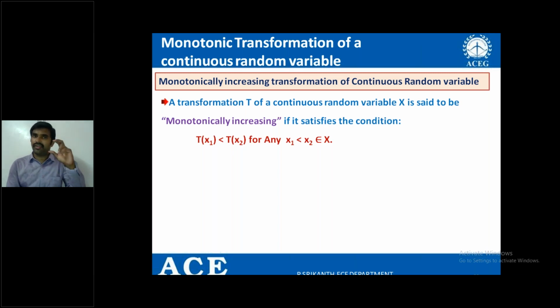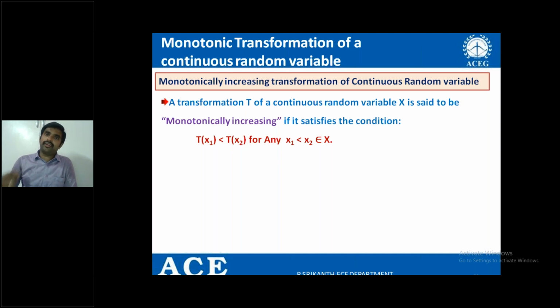For example, I have the random variable X, and in the random variable I have the elements. Transforming X to Y means transforming the elements of the random variable X into the elements of the random variable Y. So each and every element must be transformed; the transformation must be applied to each and every element of the random variable.